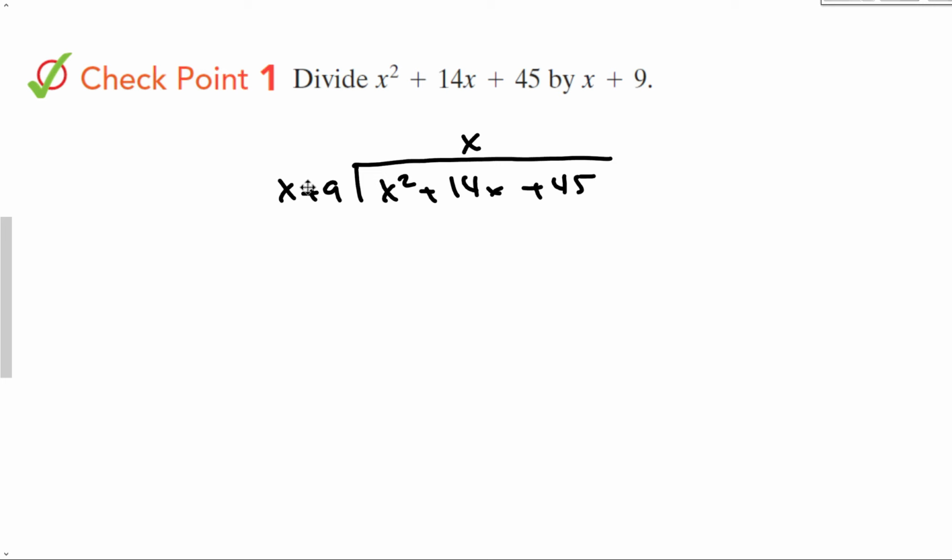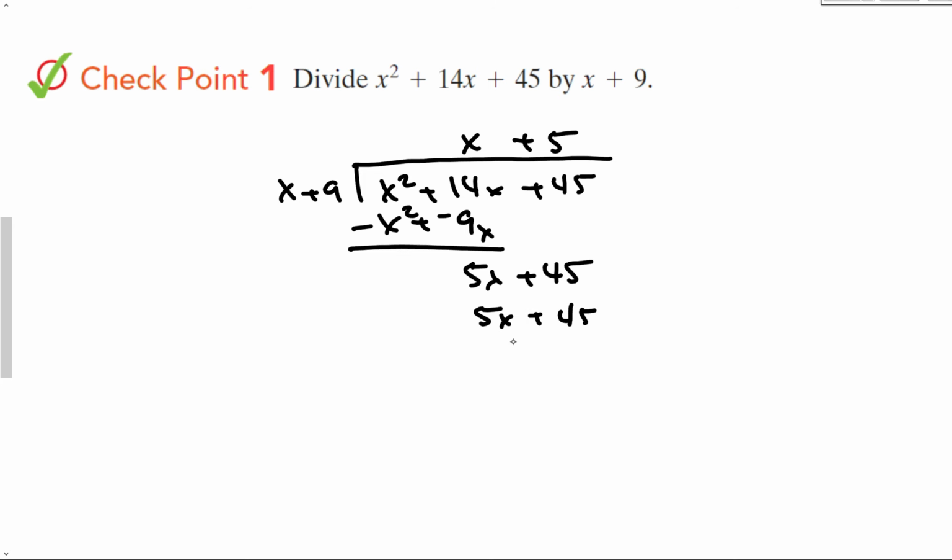That's x, because x squared divided by x is x. x plus 9, multiply, subtract, x squared, 9x, sorry, subtract, we get 5x, bring down 45, divide 5x by x, that's a 5, and 5x plus 45, when we multiply by 9, subtract, and we get a remainder of 0. Which again means that x squared plus 14x plus 45 divided by x plus 9 is x plus 5. And we could also say that x plus 9 times x plus 5 is x squared plus 14x plus 45.